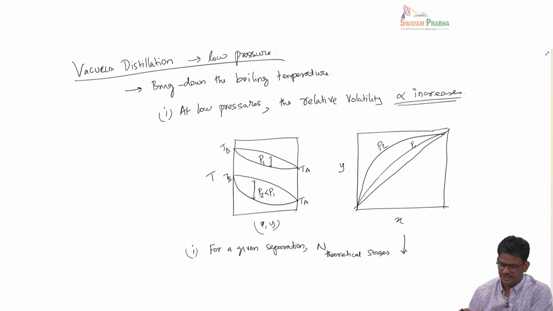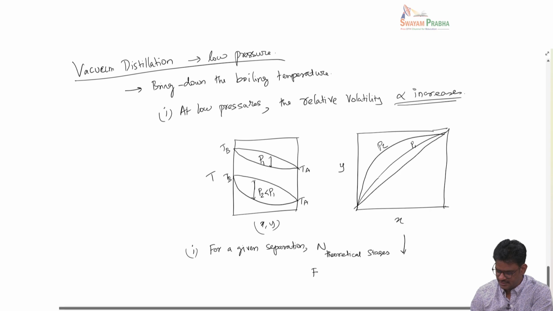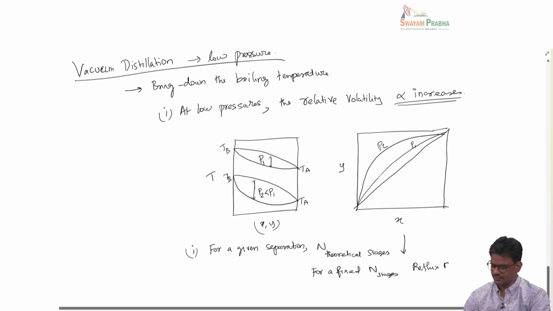Let's say you have a fixed number of stages and you are going from atmospheric pressure to low pressure distillation. In that case, for a fixed number of stages, going to vacuum distillation would mean that the reflux ratio will come down. That means you can operate at a low liquid flow rate, since the reflux ratio relates to the liquid flow rate that is refluxed.